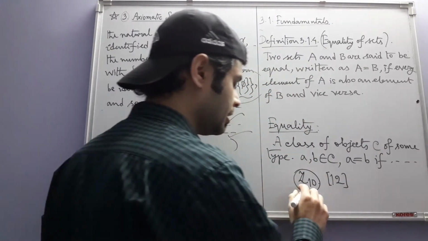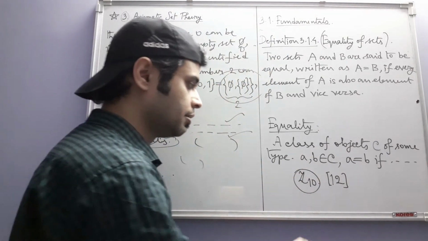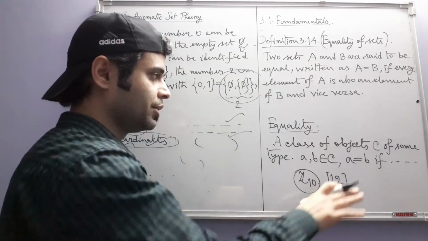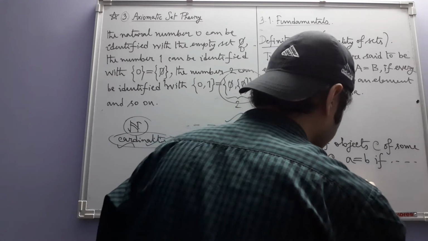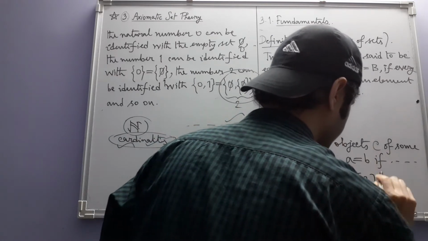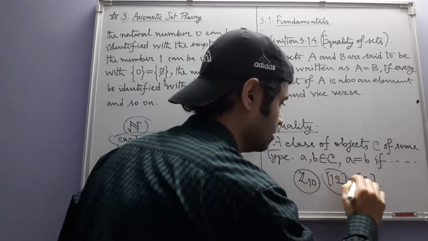Z10 is actually the set of all congruence classes modulo 10, which we will see in the algebra videos that are going on. Okay, so in Z10, these two congruence classes turn out to be the same, although they look somewhat different.